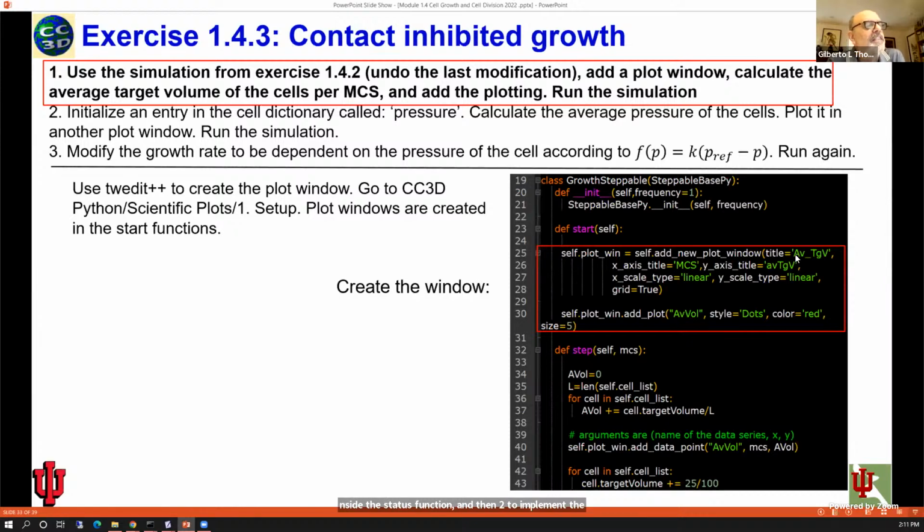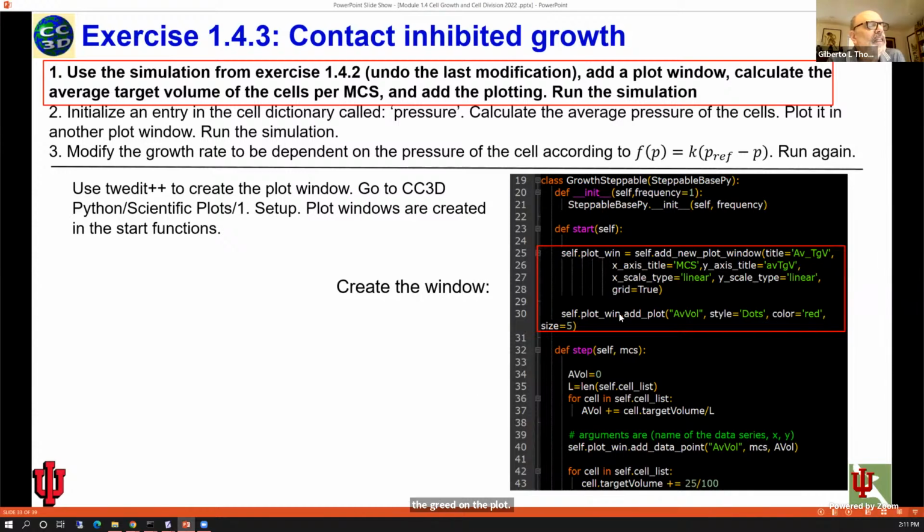Now you change the window title, the title of the x-axis, the title of the y-axis, and make the x scale linear. Sometimes you can choose logarithmic, for example, for both scales, x and y, and put grid equals true. Then we can see the grid on the plot.